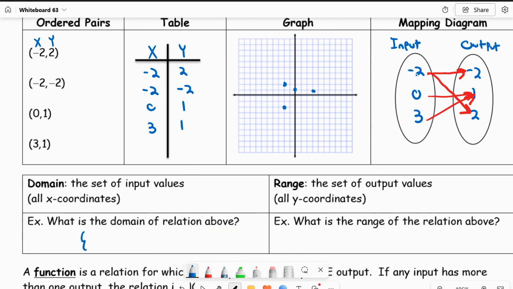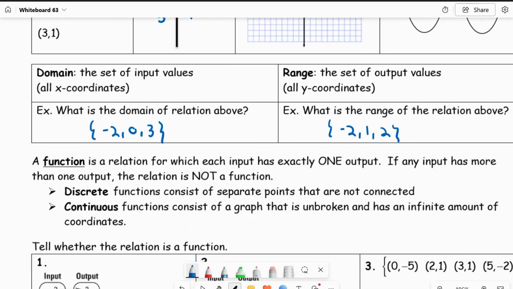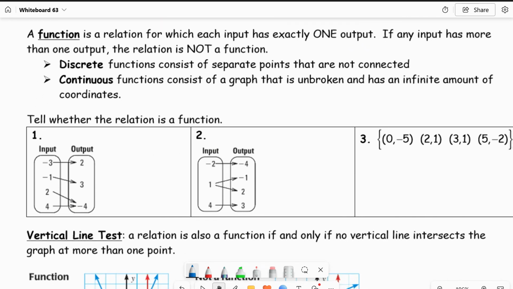So set notation of my inputs here should be -2, 0, and 3. And for the range, you are going to use set notation and list your output values. It should be -2, 1, and 2. If a value repeats itself, you only have to list it once. Okay, so that is relations.